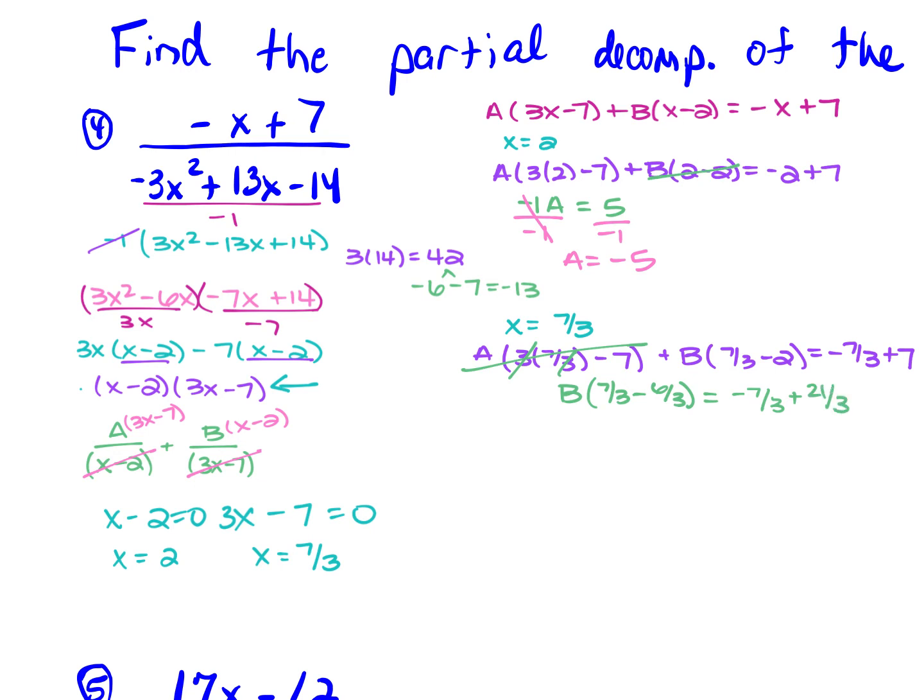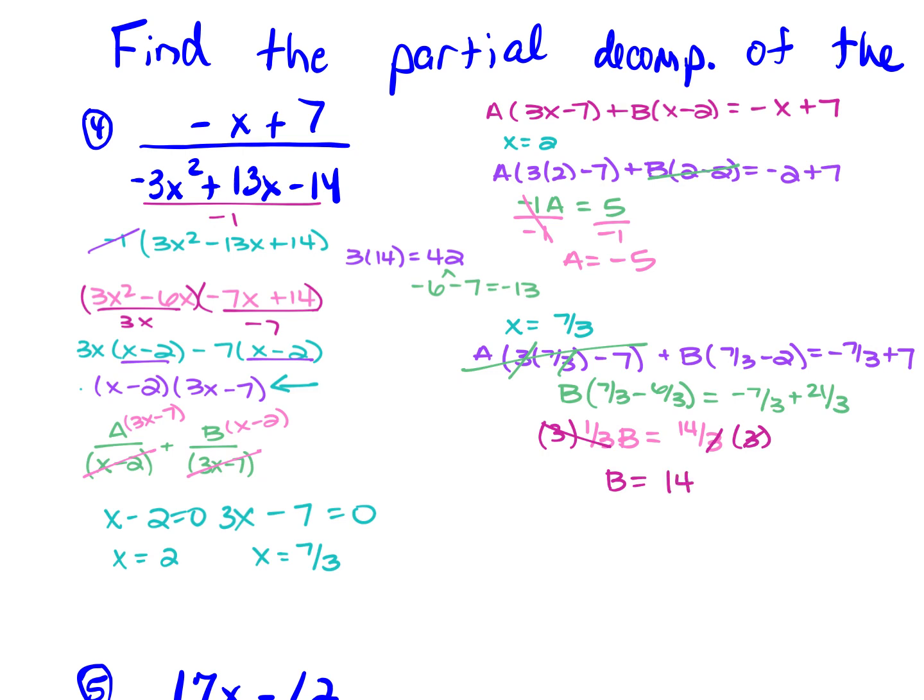Now we can just use all of our operations and simplify. The 7/3 minus 6/3 is 1/3, so that's 1/3 b is equal to negative 7/3 plus 21/3, which is 14/3. Multiply each side by 3 to cancel out that 1/3 in front of b, and you get that b is equal to 14.